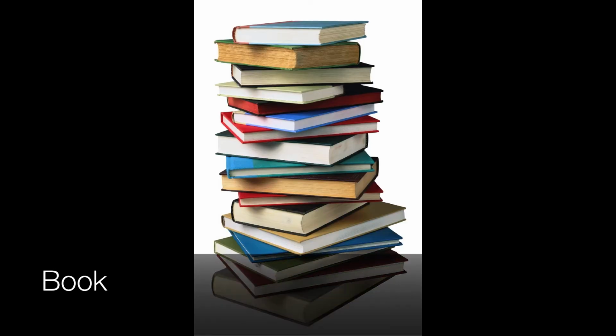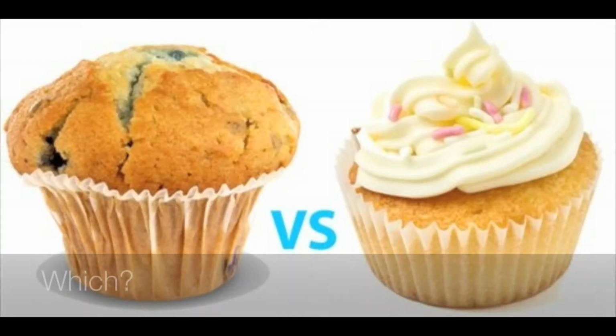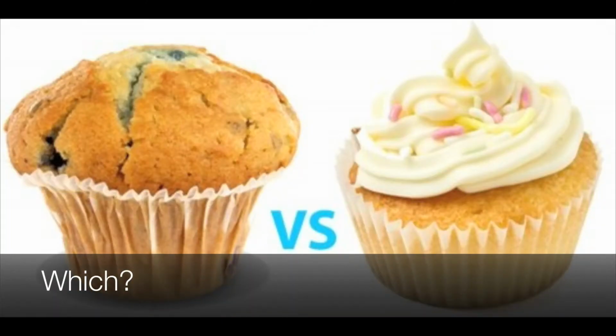The sign for book or books is book, just like you're opening the book. Book. All right, now the sign for which, like a question, which one, is with A hands, and it goes back and forth with a question look on your face. Which?